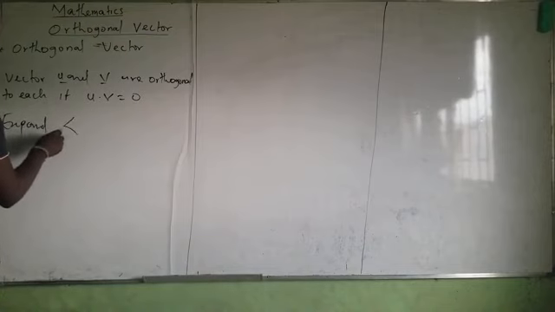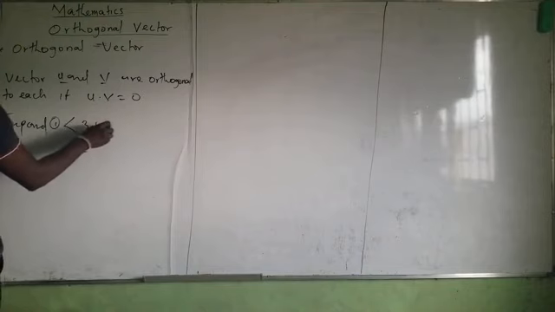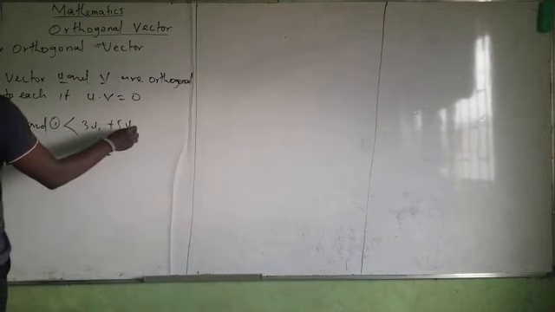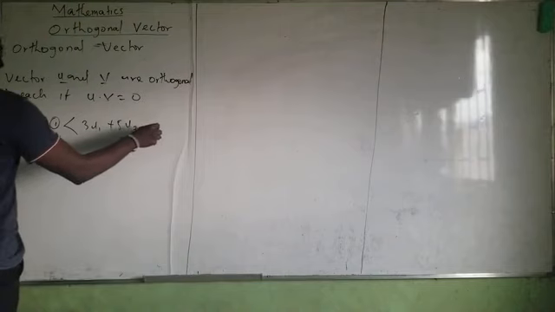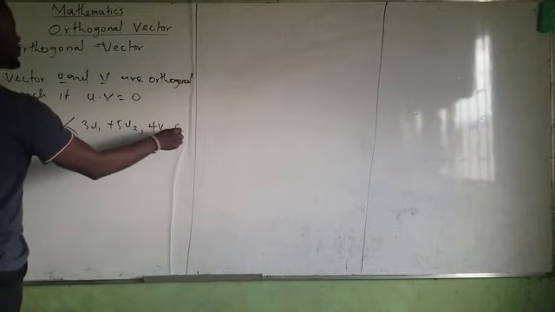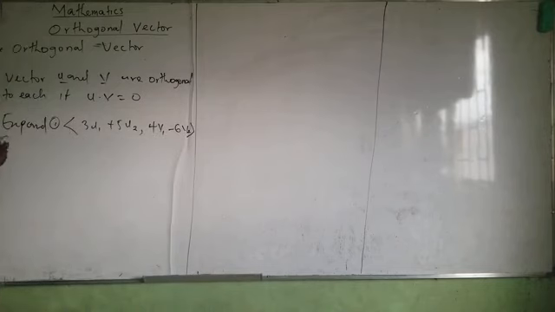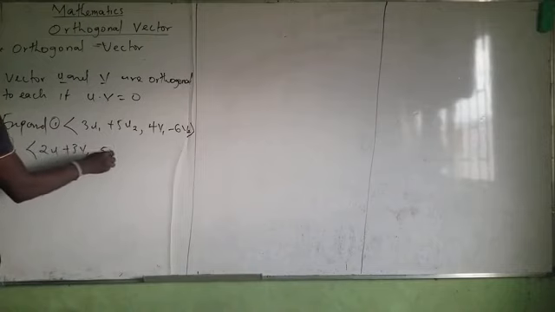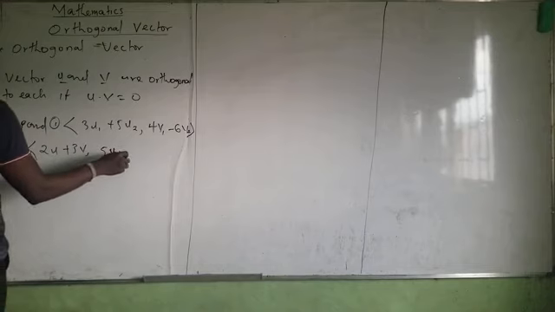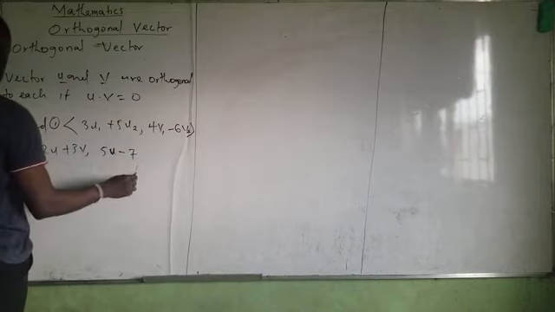Expand 3u1 plus 5u2, comma 4v1 minus 6v2. And the second one, I have 2u plus 3v and 5u minus 7u.